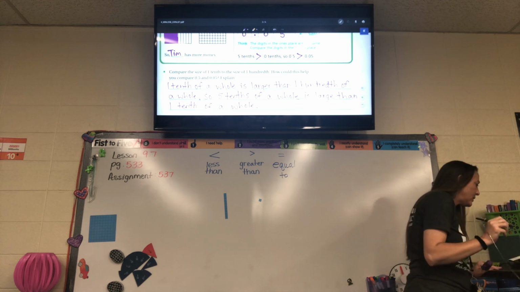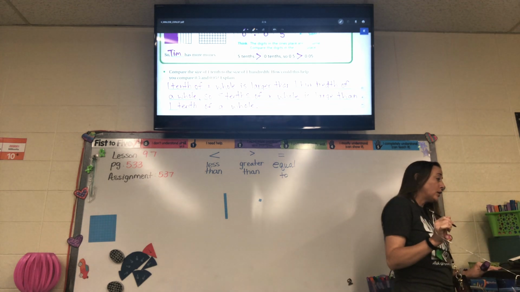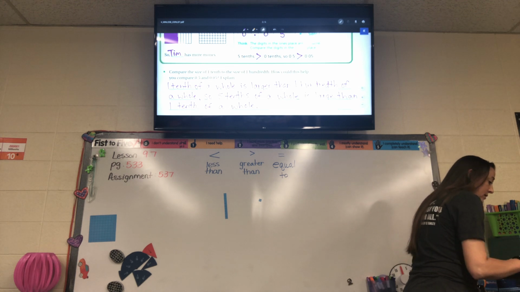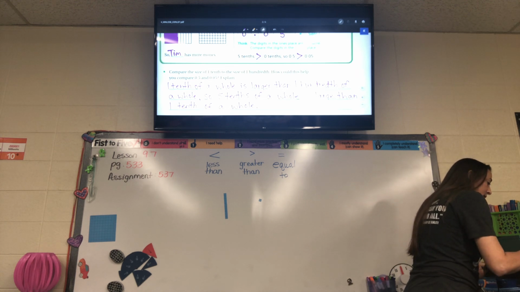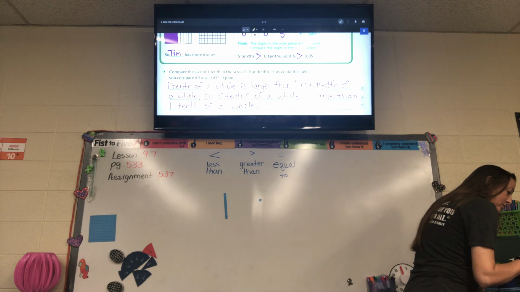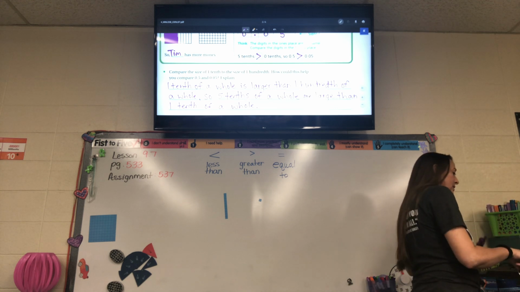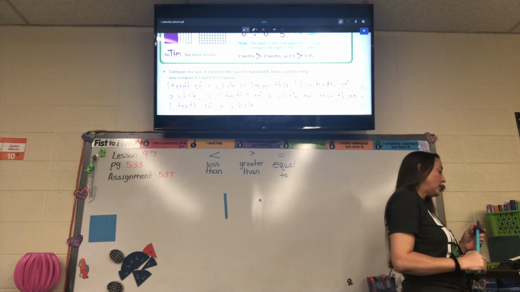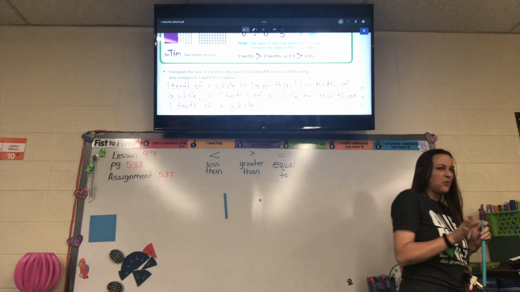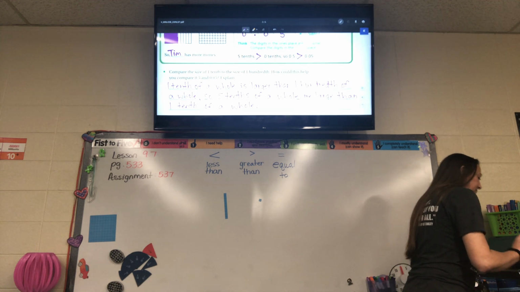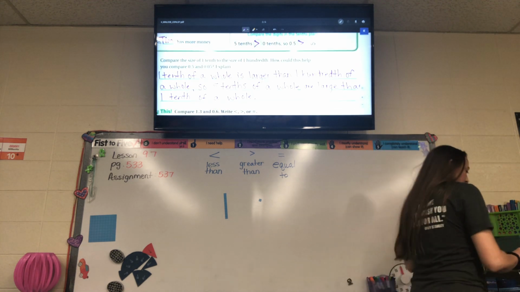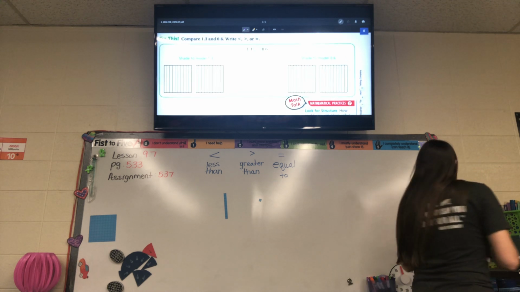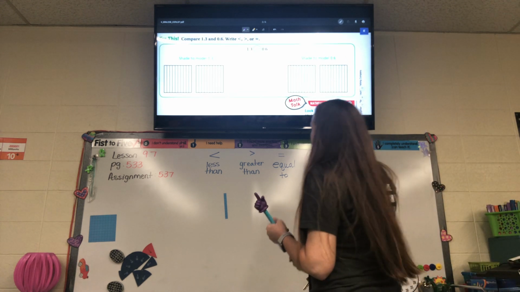In my book it says 5 tenths of a whole are larger, not is larger. Really it should be are, because we're talking about multiple. Okay, so 5 tenths of a whole are larger than 1 tenth of a whole. Sounds kind of weird, I know. Guys get that?